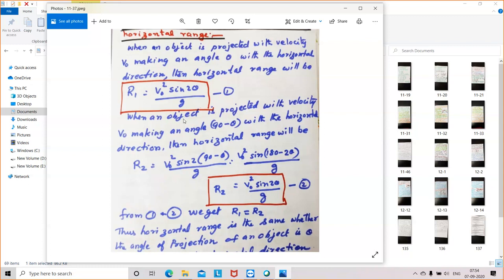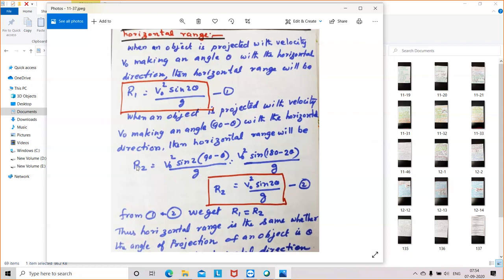If one angle is theta, the other angle which gives the same horizontal range is 90 minus theta. For example, theta equal to 30. What is the other angle? 90 minus 30, that is 60. So for an angle 30 and for an angle 60, both will give the same horizontal range.